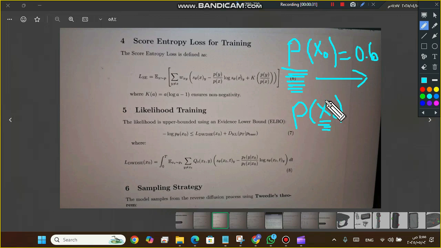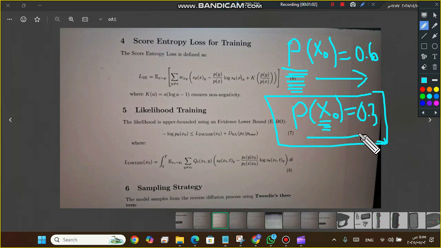When we get this probability, let's say 0.3, for example, from this perspective, we call it likelihood. So we say the likelihood of X naught is 0.3. In this situation, the data point is the ground truth, and we are evaluating the model, so we call it likelihood.